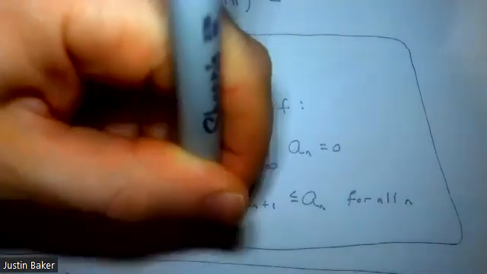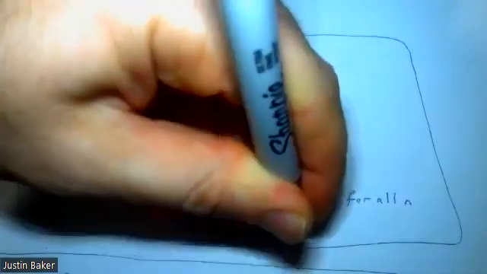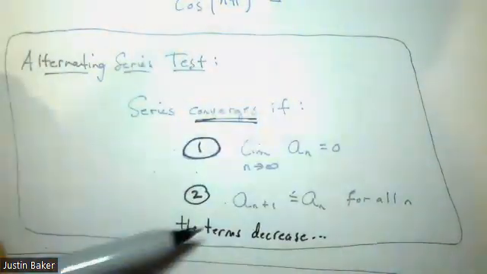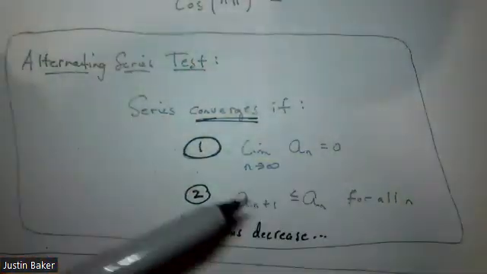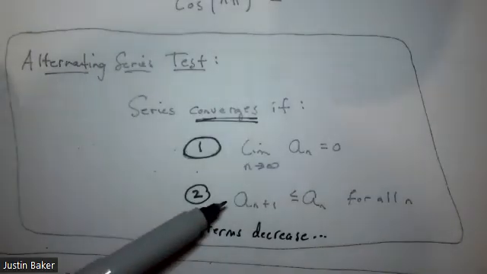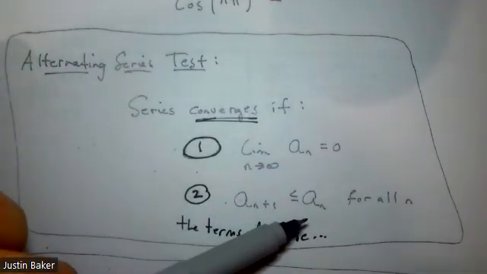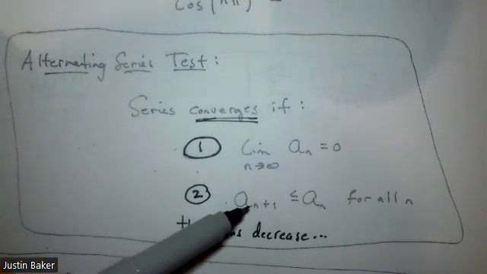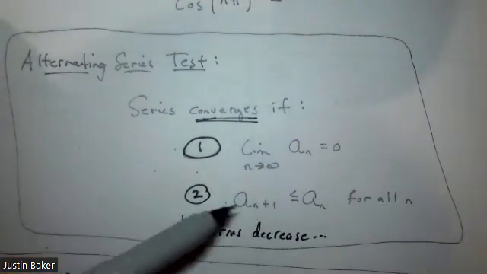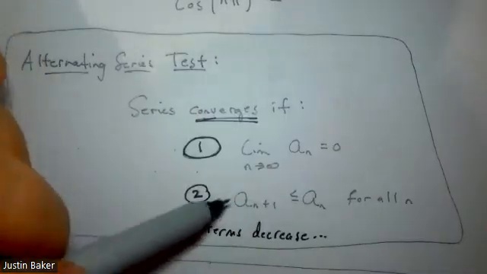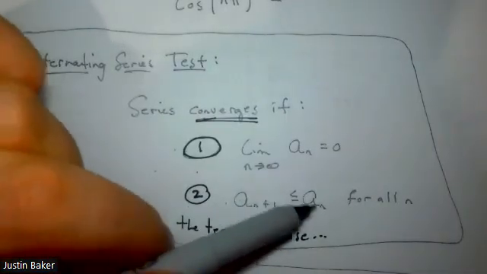fancy notation for saying the terms decrease. So in other words, for all n, a sub n plus 1 is less than a sub n. So that means the term before it is going to be, if you add 1 to this, that means that this one is less than this one.